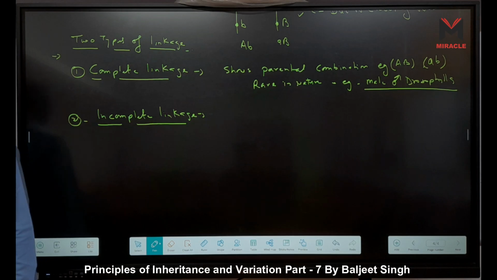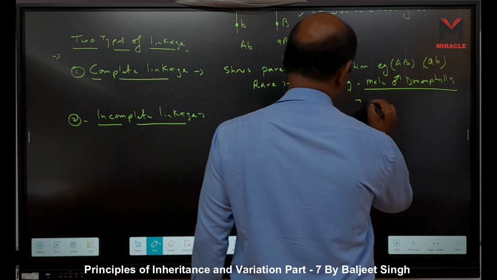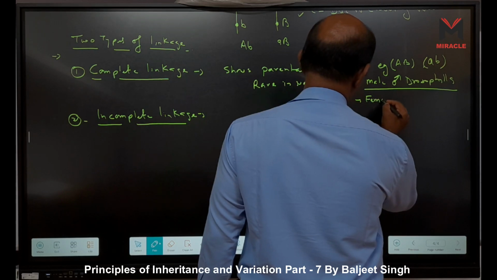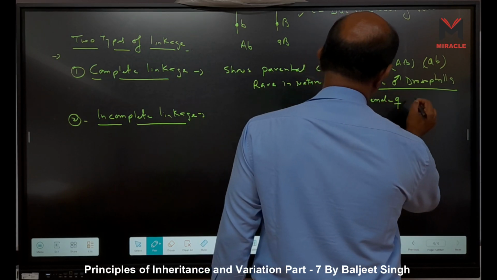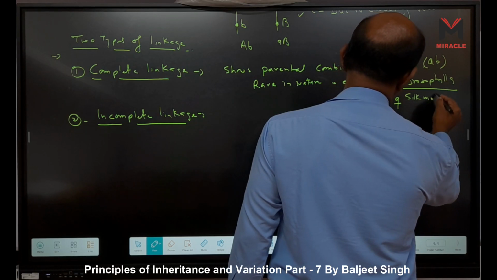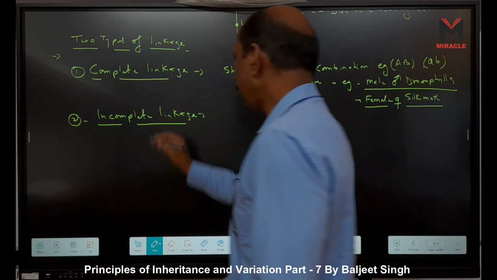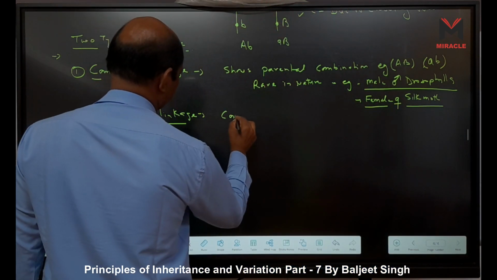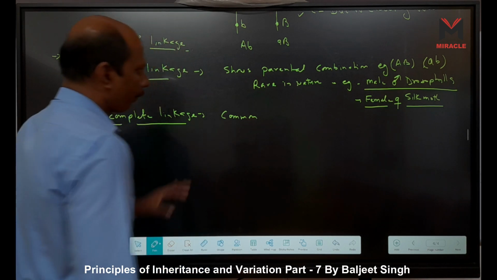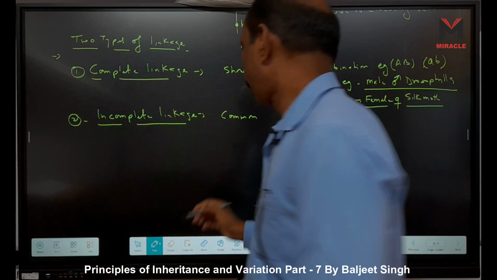Incomplete, this one is very common, right? Male Drosophila, and another example is female. We can say female, male, female both. It is present in both. Silk moth. Right? Incomplete, it is common. Means what happens here? Here, due to the crossing over, variation occurs.